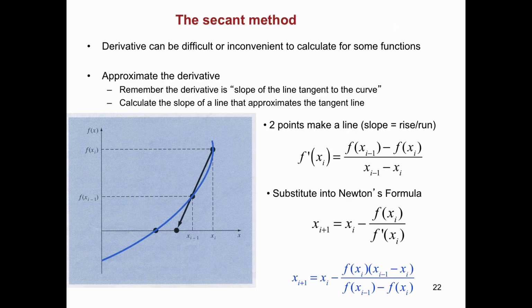So if I approximate my f prime with a slope between 2 points, the last 2 points I dealt with, okay, so this is just linearization, then I can just have this formula, and we call this the secant method. And the only difference is that I actually now deal with 2 previous iterations, not just 1. And I have to program accordingly.